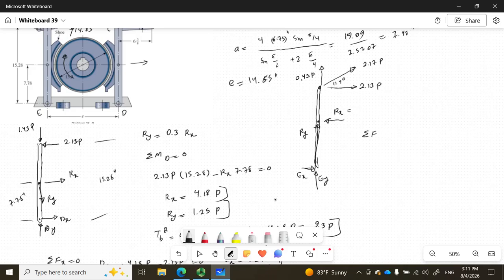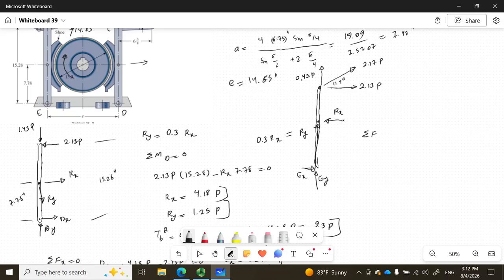Yeah, I want to make sure that I'm not making a mistake. Ry is going to be 0.3 times Rx. What I said is not right. All I can say is this: since on the left side A is picked in a way that this doesn't spin, all I can say is that Ry equals 0.3 times Rx.